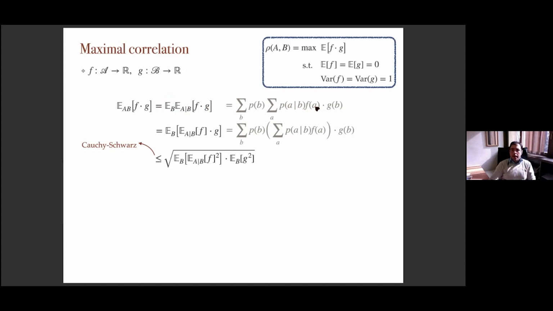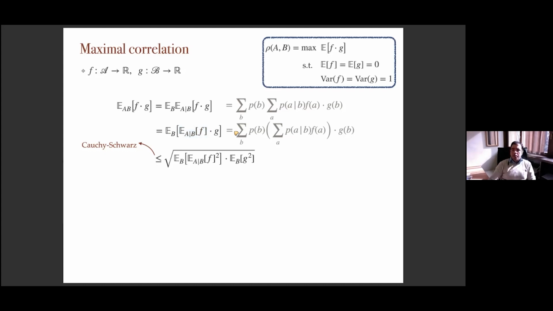But then I noticed that g of B does not depend on A. So this second sum here, I can just put it in the parentheses. In the notation here, it means that I can move this second expectation inside this parenthesis, and then rewrite it as the conditional expectation of f times g. And then I have, of course, this expectation over B on the outside.